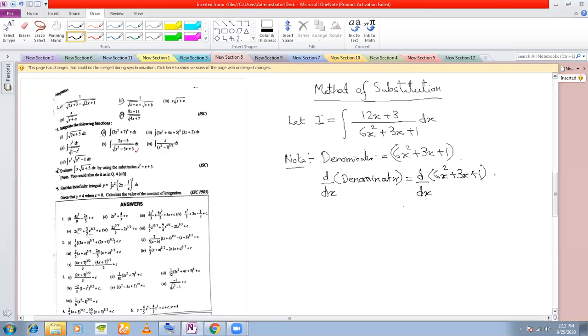You get 12x plus 3. Check, 12x plus 3. So what is 12x plus 3? 12x plus 3 is your numerator, right?